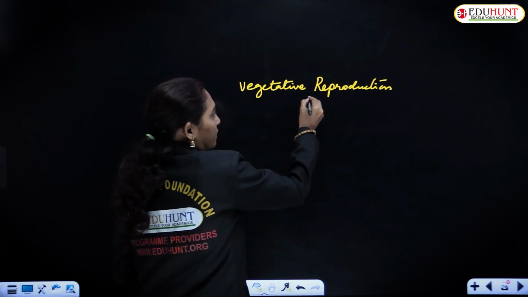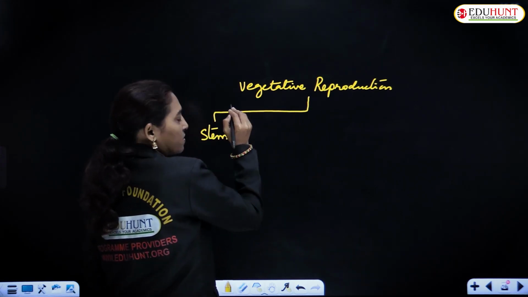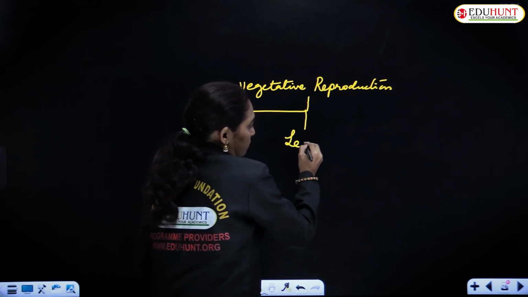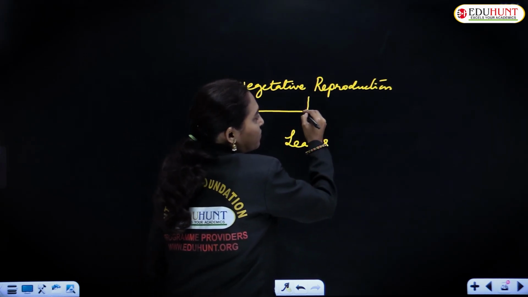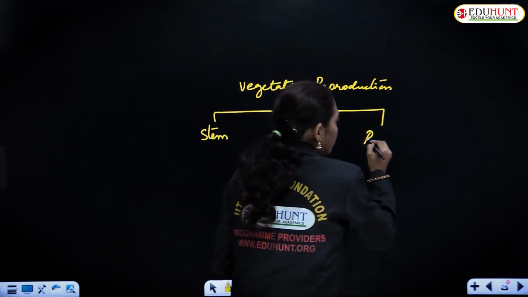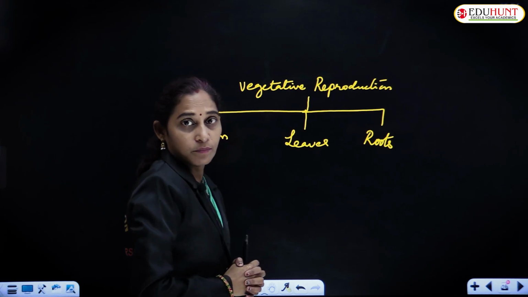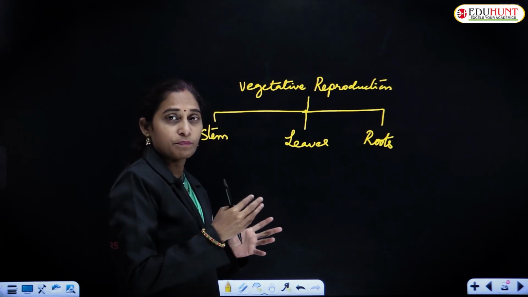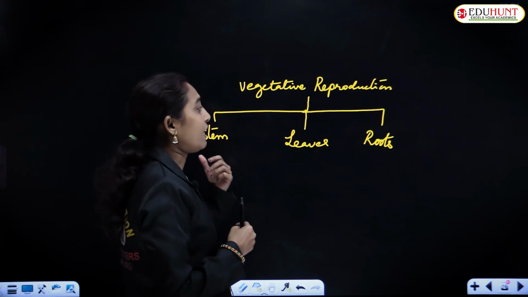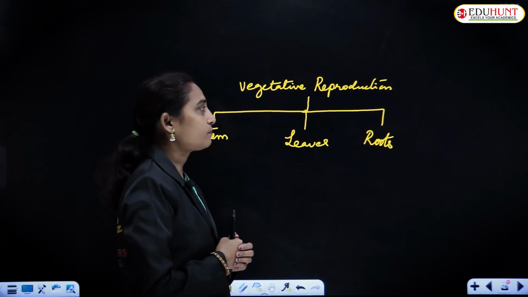Vegetative reproduction through stem, through leaves, through roots. That means vegetative reproduction may take place from any part of the vegetative body.